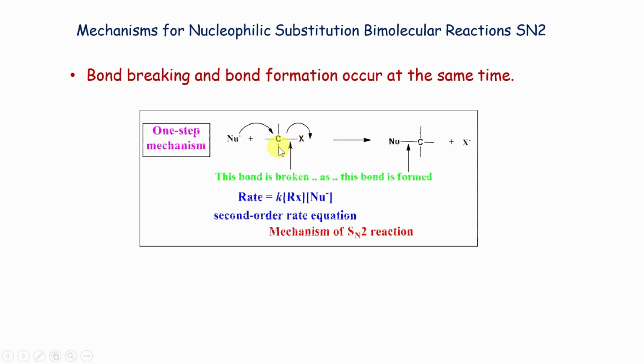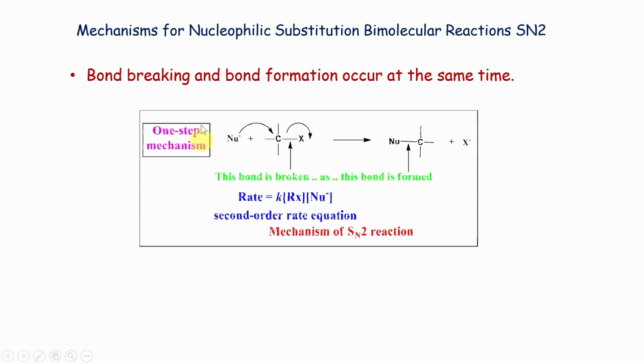Here you can see the bond between the carbon and the leaving group is broken. At the same time, the bond between the nucleophile and the carbon in the product gets formed. Both these processes take place simultaneously.